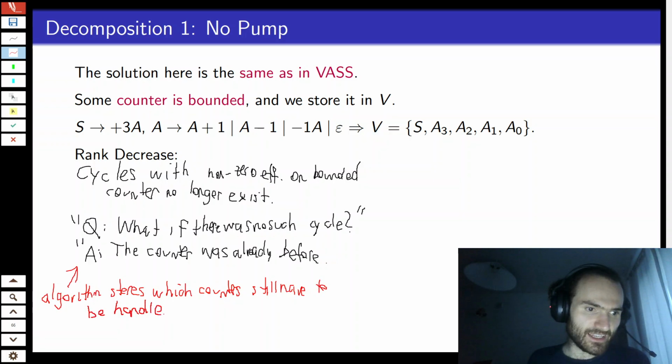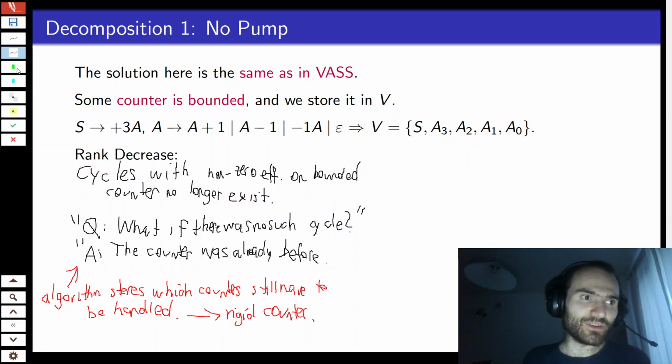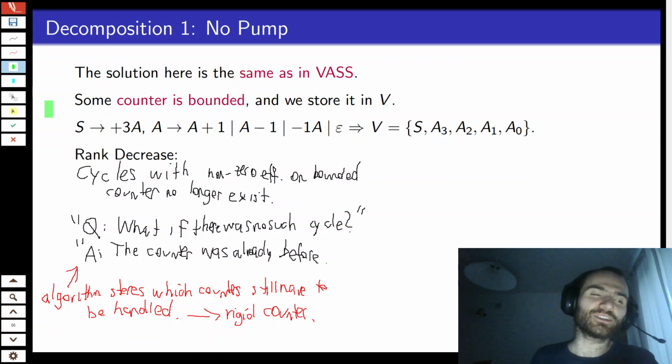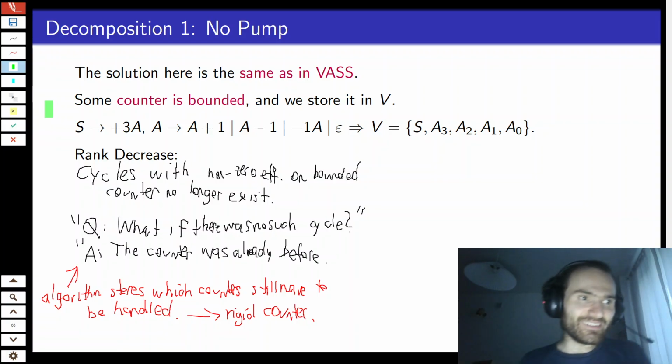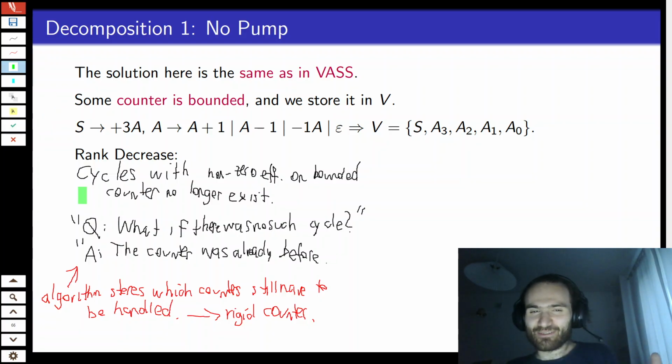And specifically, there is a concept here that is called a rigid counter. Just like in VASS, these are special things. If you have a rigid counter, then you know that you don't have to care about this counter. You view your VASS as having one counter less. You just kill this thing. This is a minor cleaning step that you have to do. This is one of the reasons why this algorithm is not so easy.